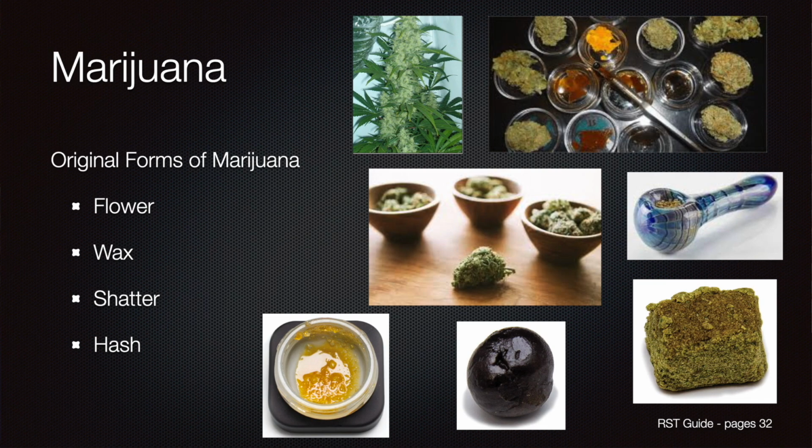And then you have, again, hash, which is typically a compacted brick of the THC powder or crystals that are on the marijuana leaves, or it could be made into, like we see in this picture down here on the bottom, a heavier wax or tarry substance that is going to be super elevated and smoked in that formula. Now typically, the way somebody would utilize the THC is going to be smoking it.